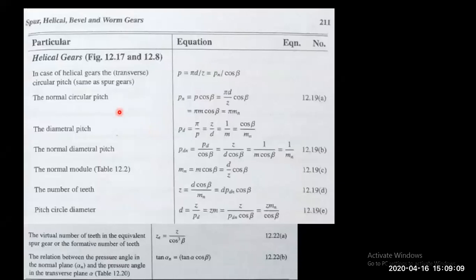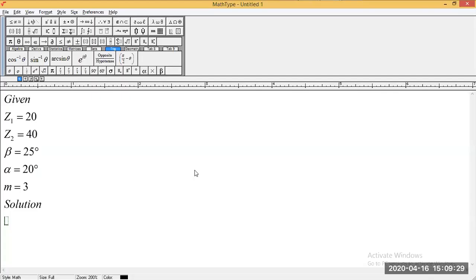Check out here, transverse module. Normal module is given by this formula here. Okay, mn equals m cos beta. You can use that.